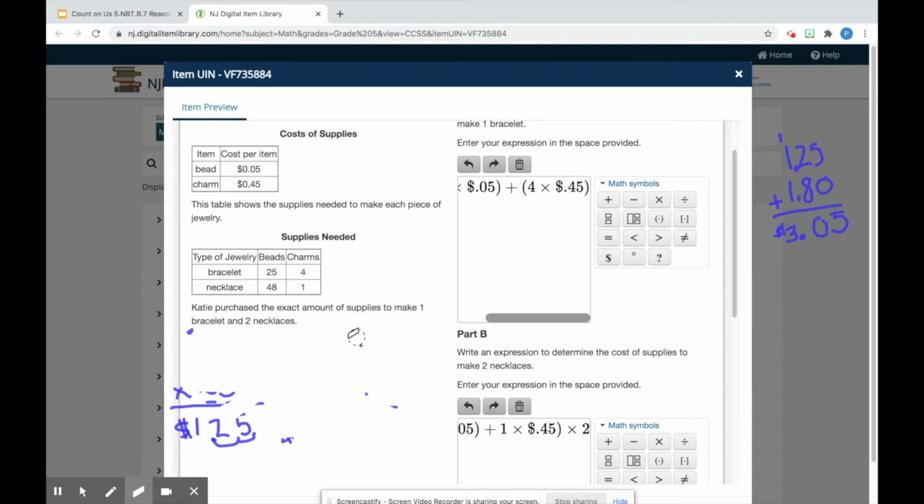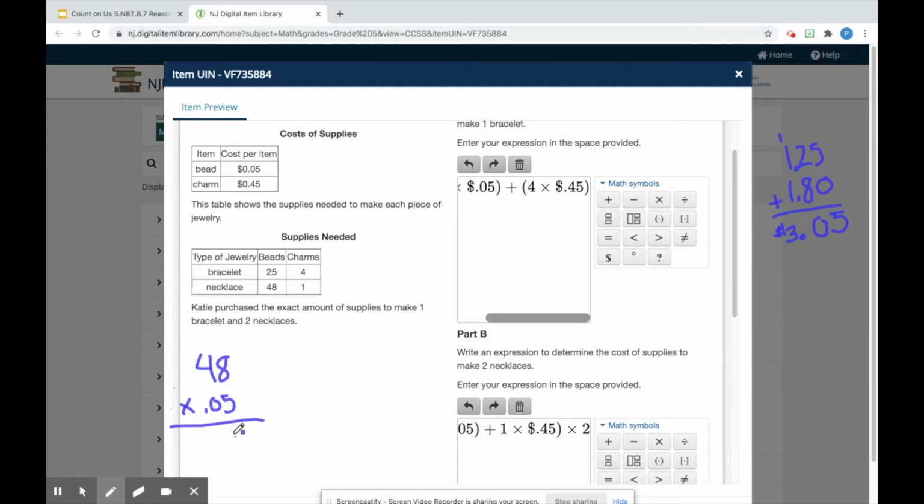And remember, we talked about there were a lot of different ways that we could work on the necklace piece. So Miss Twitty is going to start by just simply multiplying 48 beads times 5 cents. So 48 beads times 5 cents.